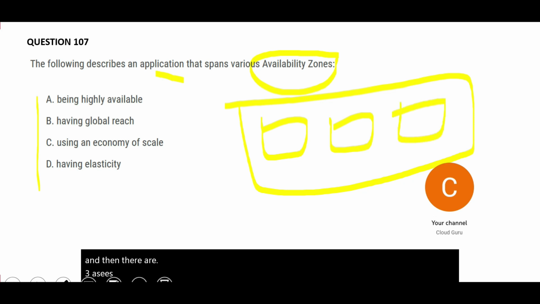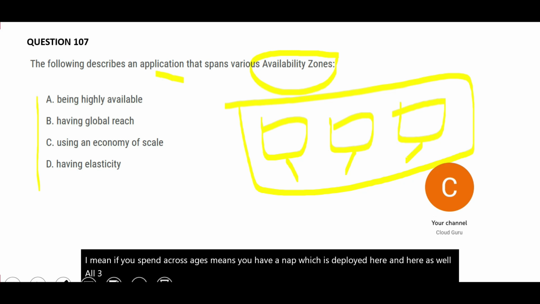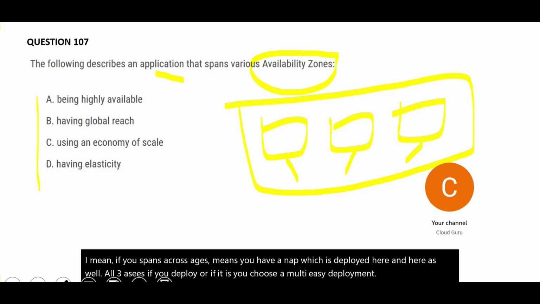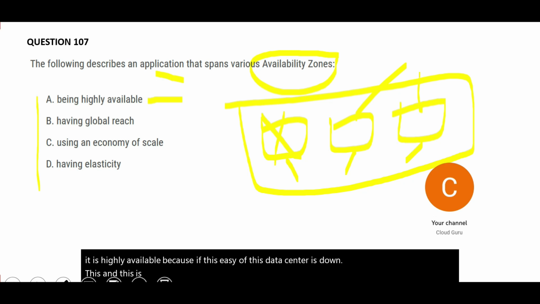If it spans across AZs, it means you have an app which is deployed here, here, and here as well, all three AZs. If you choose a multi-AZ deployment, then it is highly available, because if this AZ or this data center is down, this and this are up, and vice versa.